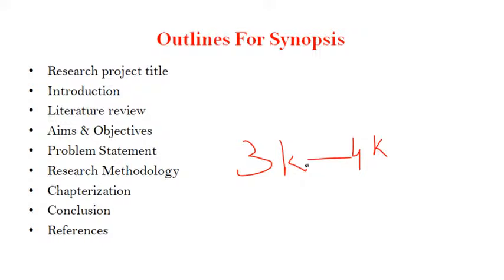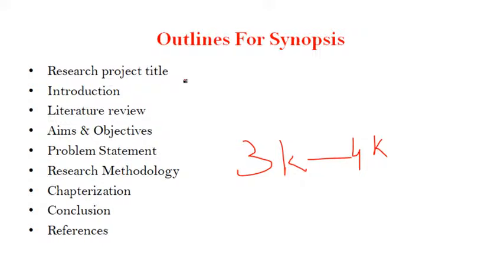Here, first, what you need to do, what you have to understand, is your research title. Clearly define the title of your research work. You need to have a clear picture of your title, in which area you want to do your research.